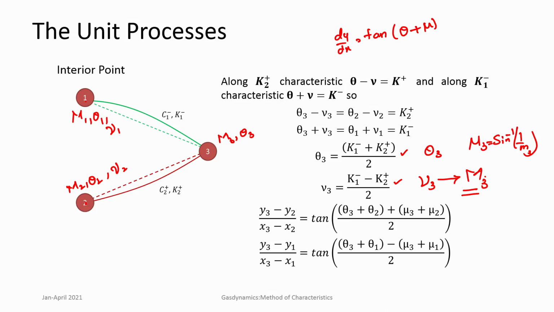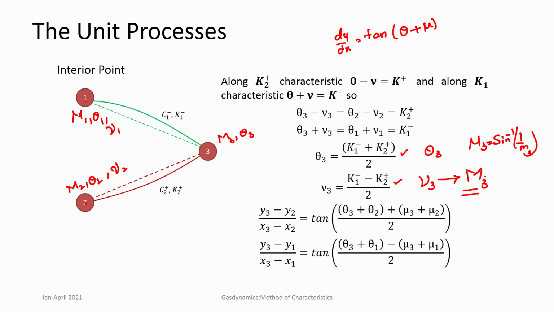Any such point we can solve using this set of equations. Using the compatibility conditions we can get theta 3 and the Prandtl-Meyer angle at 3. From the Prandtl-Meyer angle at 3 we can invert and get the Mach number at 3. If you know the Mach number, you can get the Mach angle at 3.